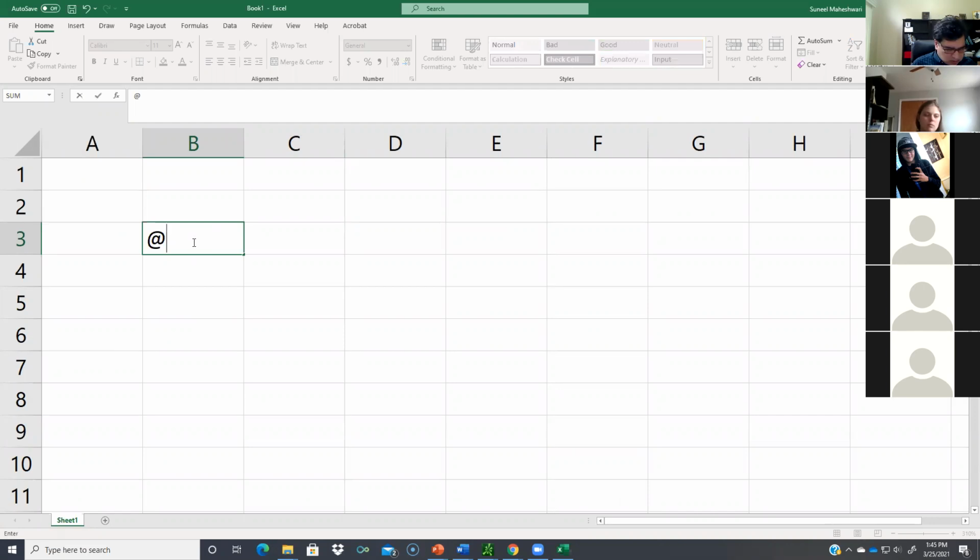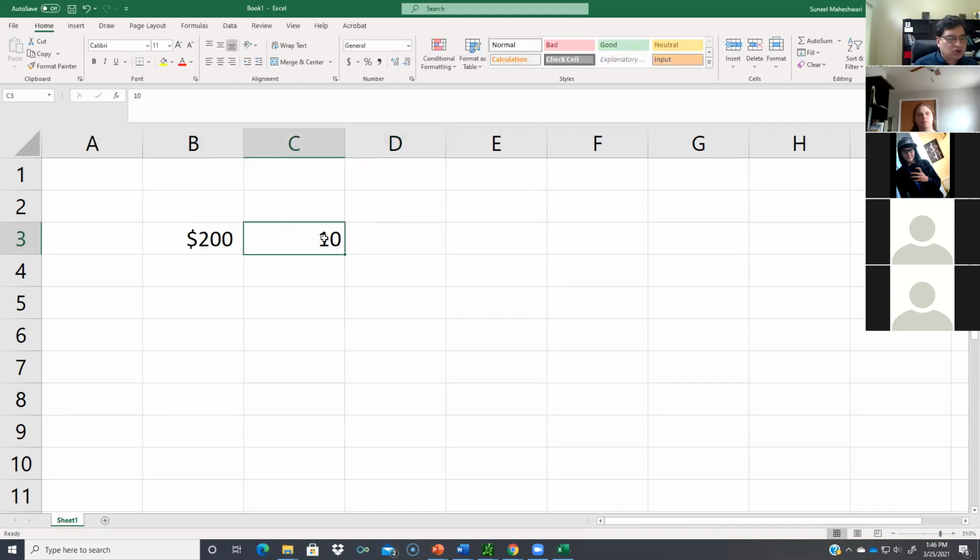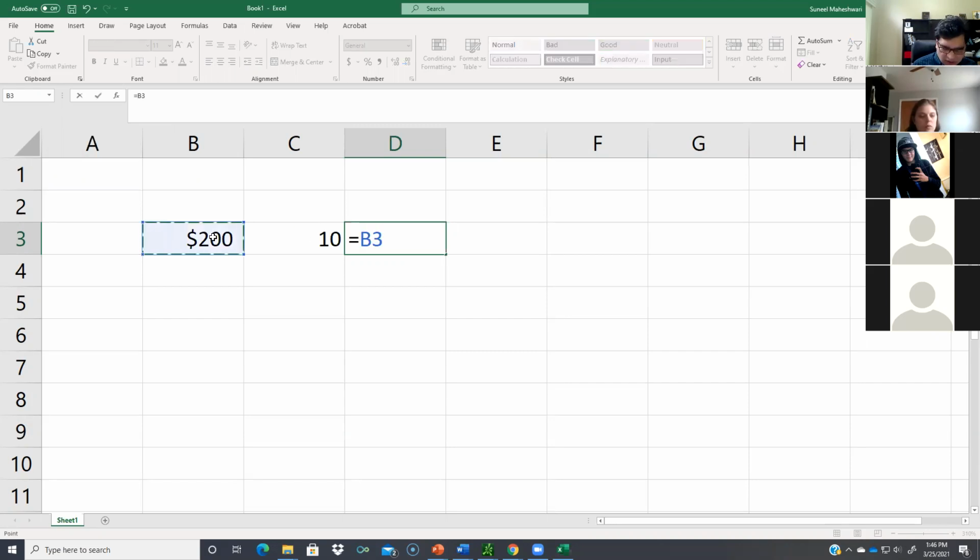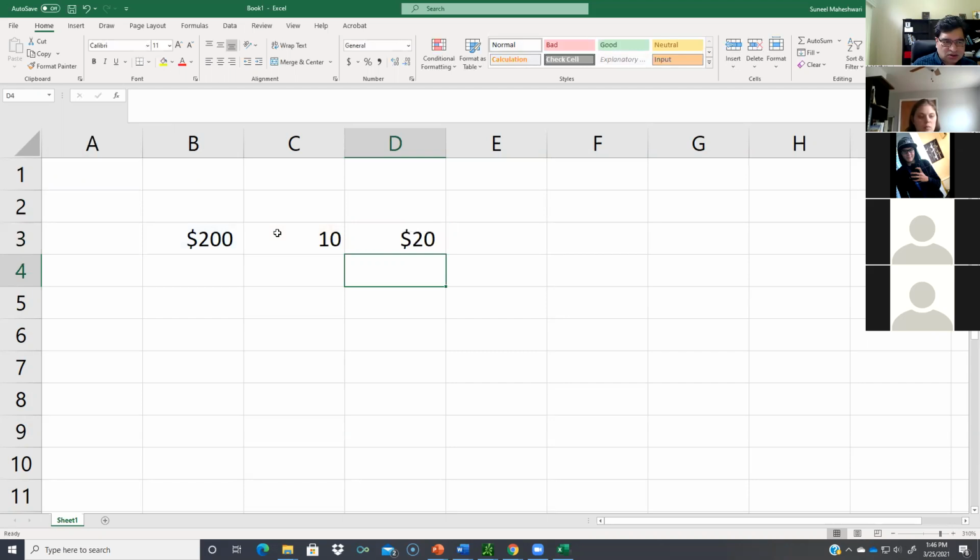If you spend $200 for 10 pizzas, what's the cost per, let me make it 20. So what's the cost per pizza? Hello, what's the cost per pizza? $20, right? So that is basically whatever you spend divided by the number of units you bought.